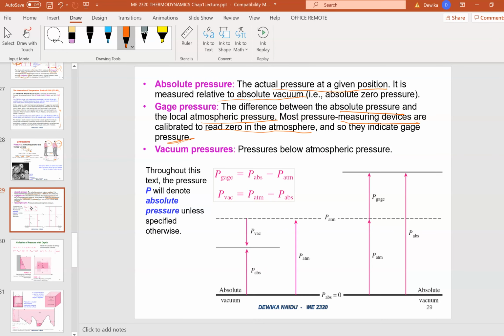Vacuum pressure is a pressure below the atmospheric pressure. You know what vacuum is, right? It's like no pressure at all. Vacuum pressure is defined as atmospheric minus absolute. Gauge pressure is absolute minus atmospheric.